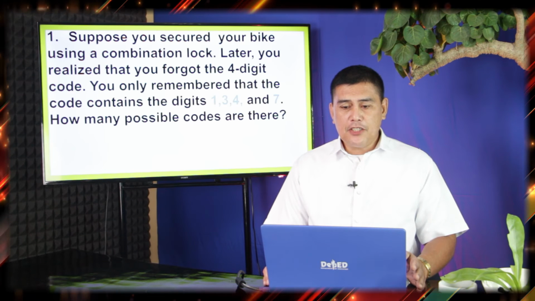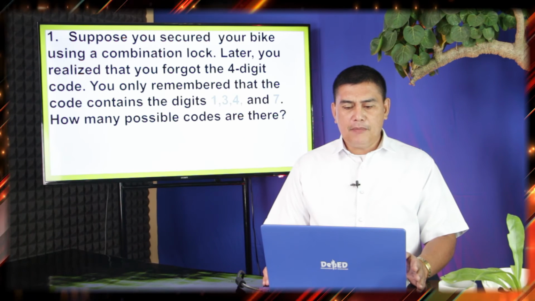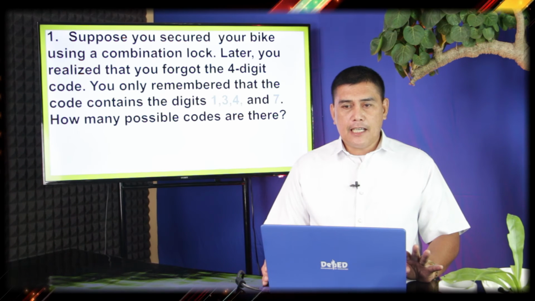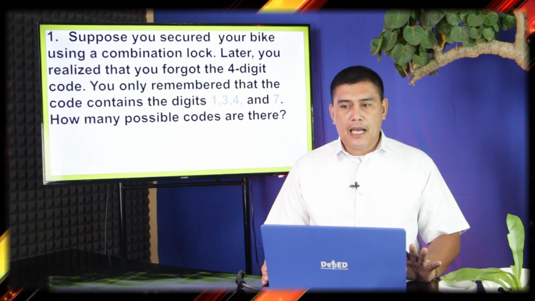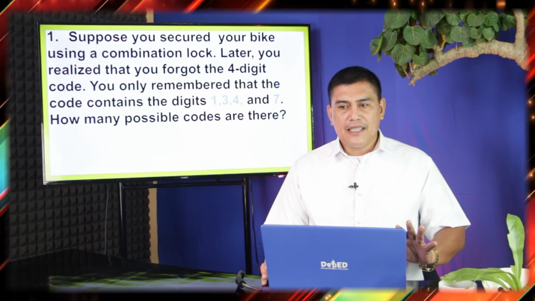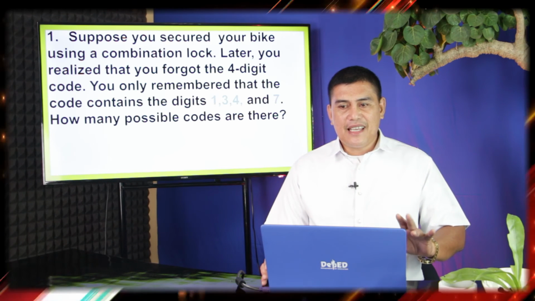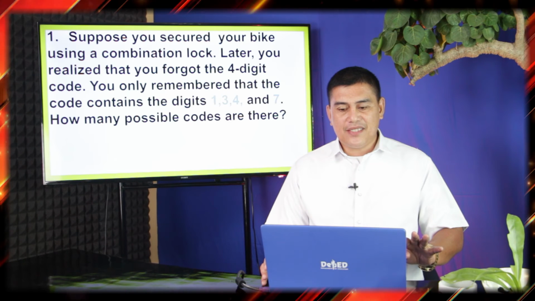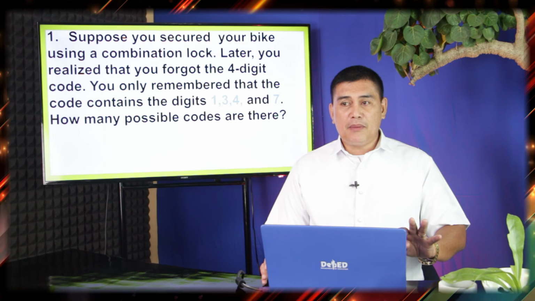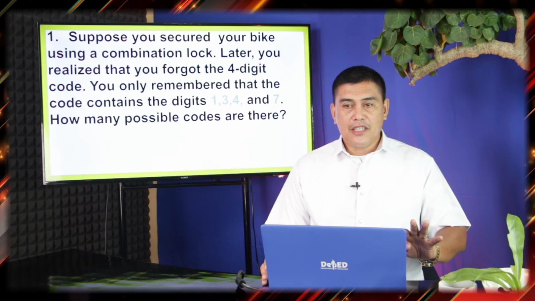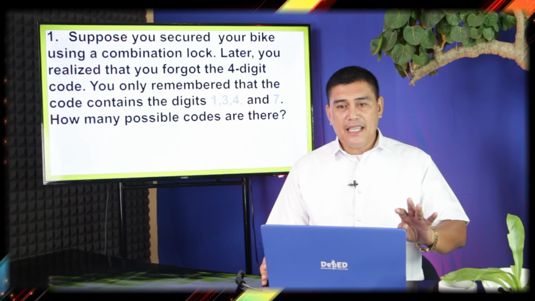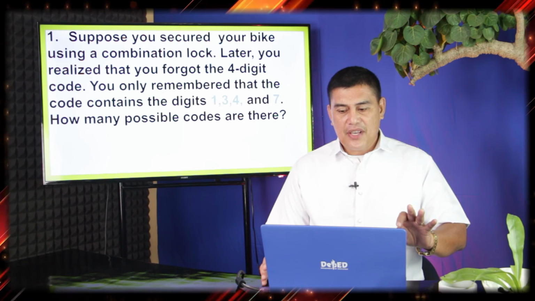Time is up. So the correct answer is... Of course, you arrange the digits 1, 3, 4, 7. So there are 4. There is the thousands, hundreds, tens, and ones place. In the thousands place, there are 4 choices. In the hundreds place, there are 3.